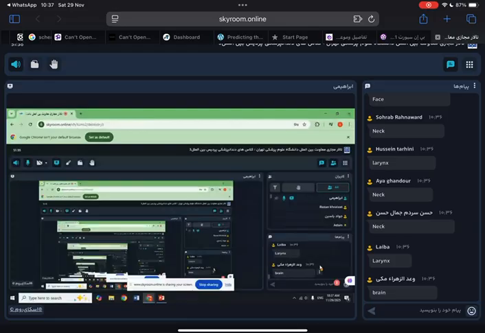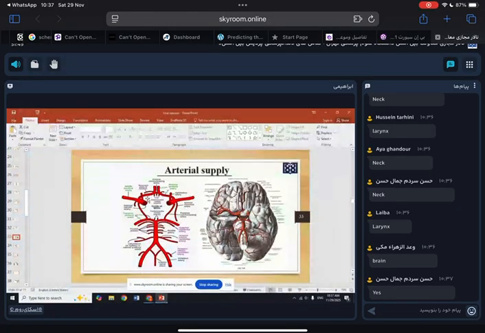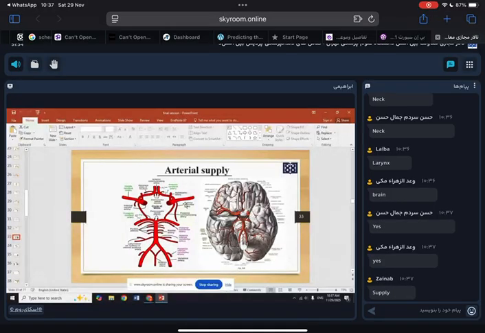Okay, and the internal carotid artery doesn't have any branches in the neck. Do you understand? We must say the internal carotid artery is related to the brain. So look at this picture. The internal carotid artery passes through the neck and comes into the cranium.